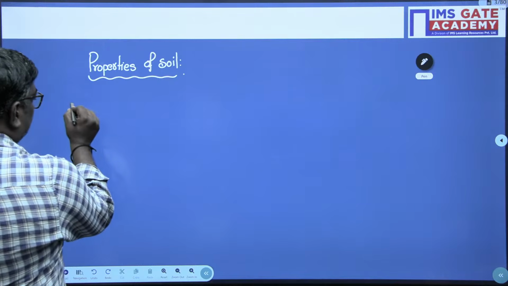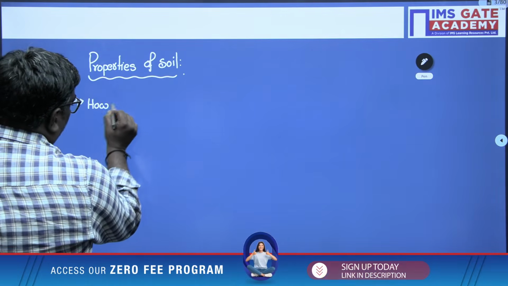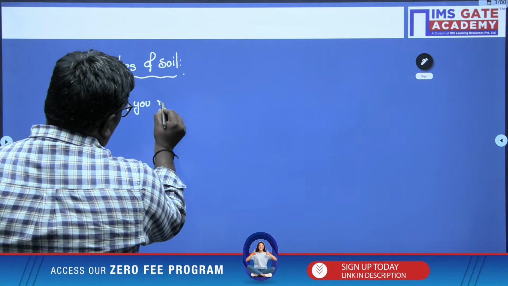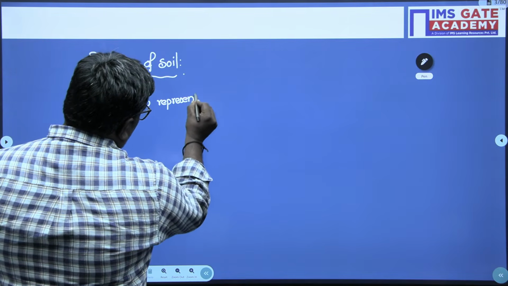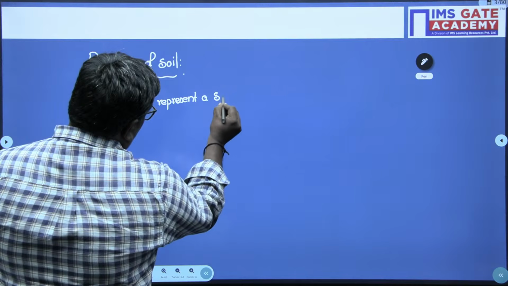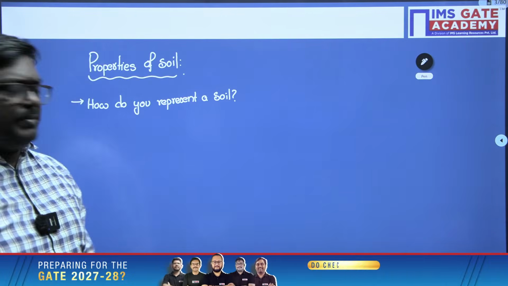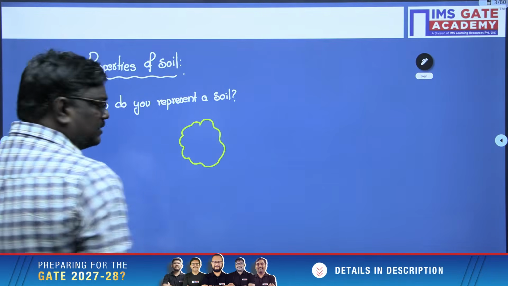How do you represent a soil? This is the first question. Suppose I consider this as a soil mass.